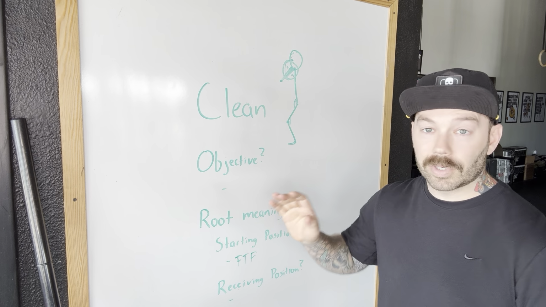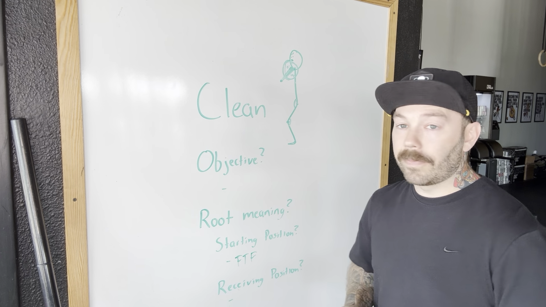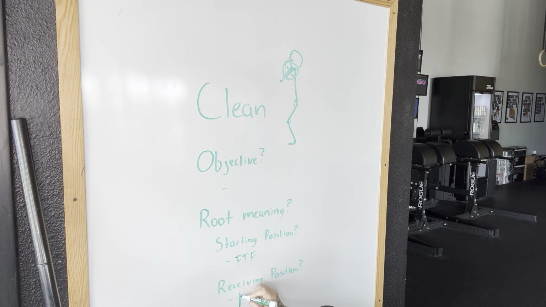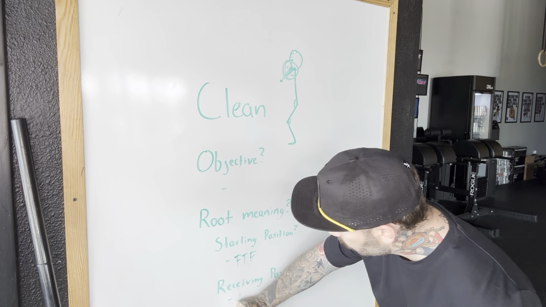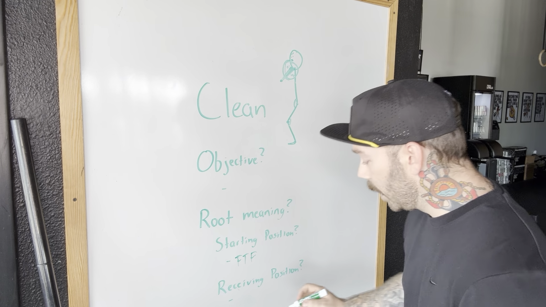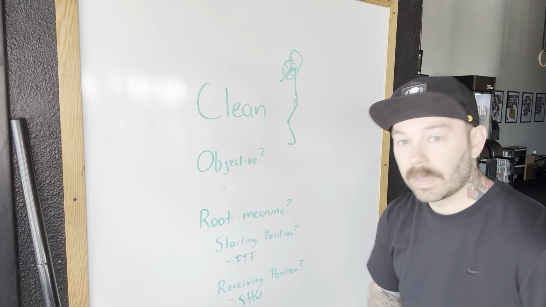But there's an assumed squat with the clean itself, and there's no prefix, no change or modifier to that. So we're gonna say the receiving position is anywhere, just shoulder, okay?